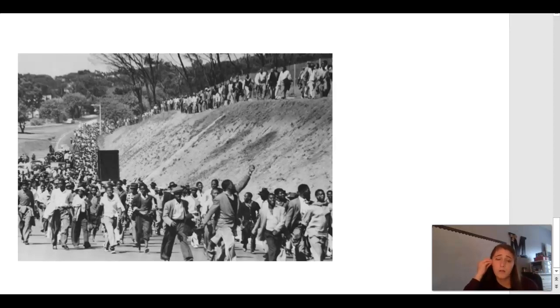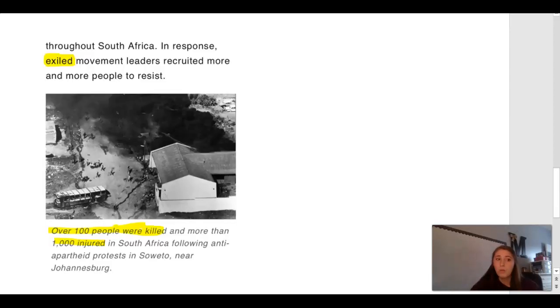And this one. So they look like normal people, like they're in regular clothing. This reminds me of something, like they're all walking together. It's not like a parade, but they're all walking for something. Like maybe they're protesting something. Maybe it ties back to what's going on in this picture when they recruited more and more people to resist.